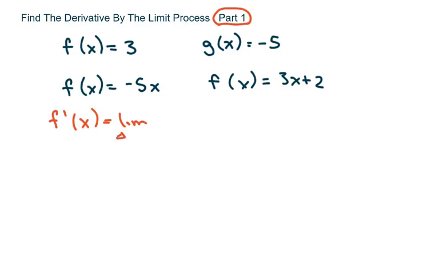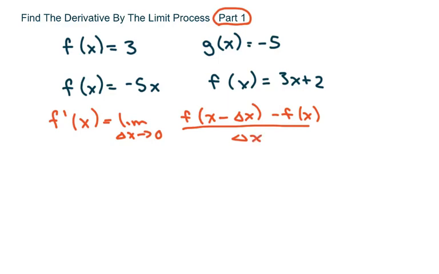as delta x approaches 0 of f of x plus delta x minus f of x over delta x. So for this one, this equals the limit as delta x approaches 0 of f of my x is going to be 3.